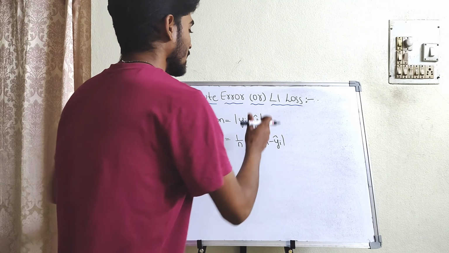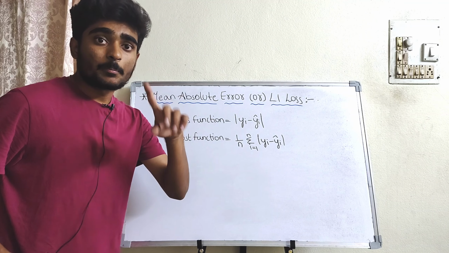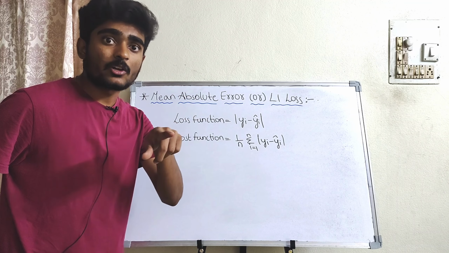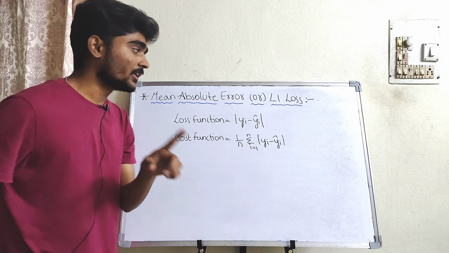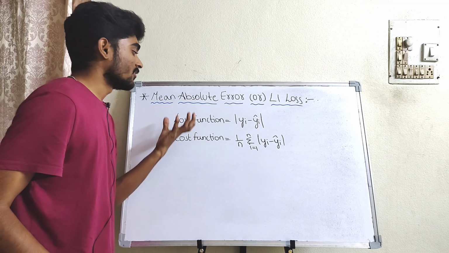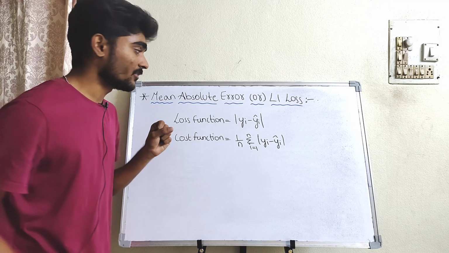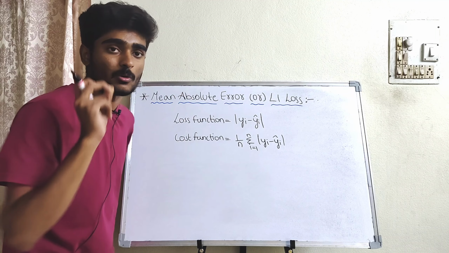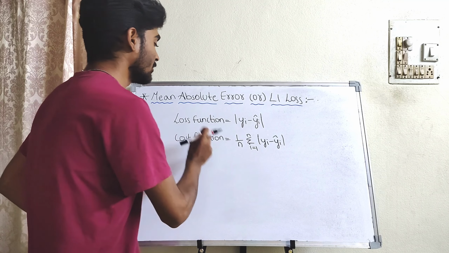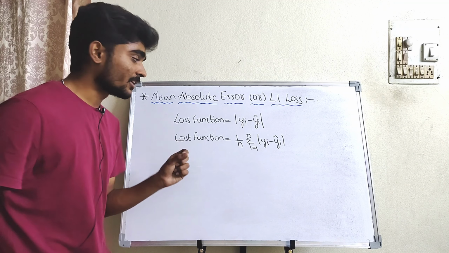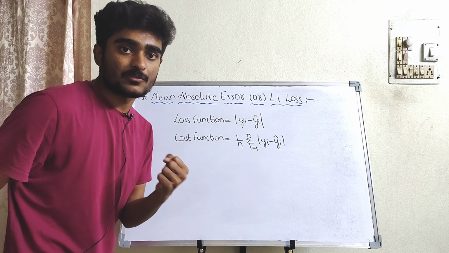In the previous section we applied the squaring operation in MSE loss. Similarly, in this MAE loss function, we apply the modulus operation for the exact determination of the cost function.